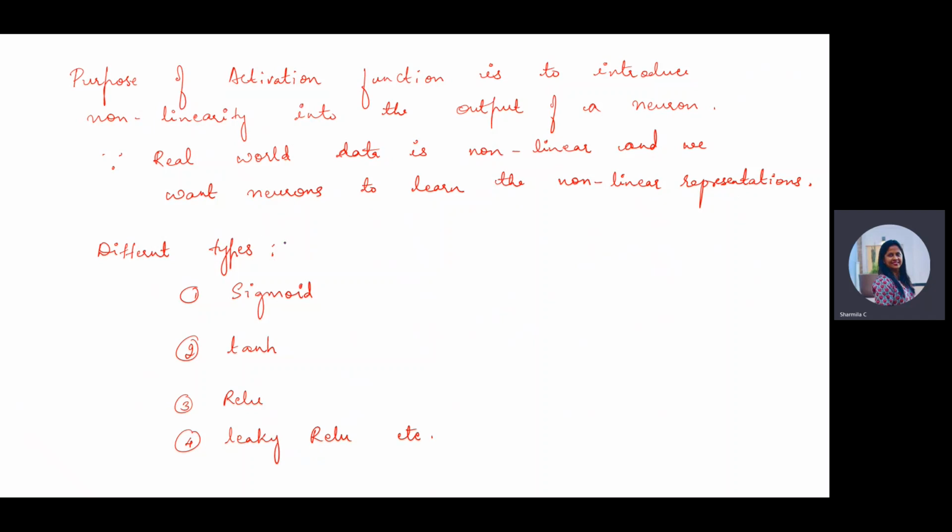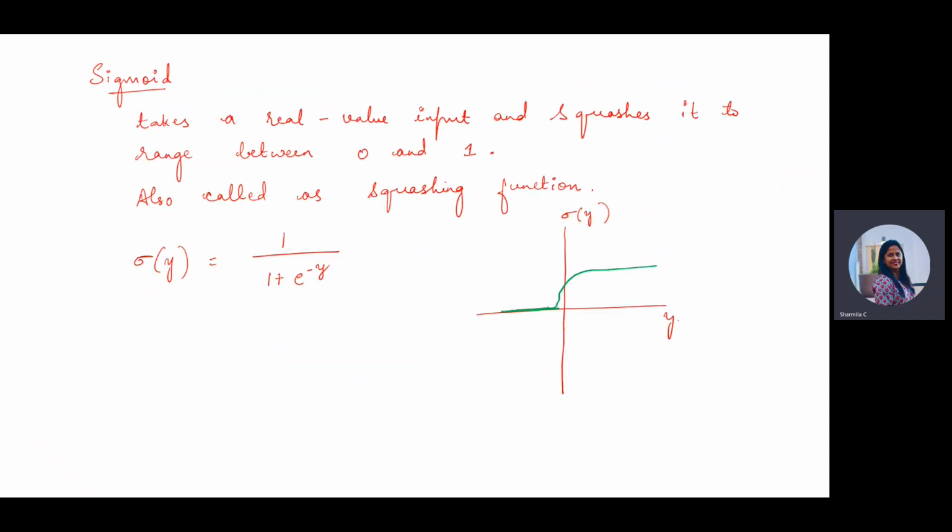Different types of activation functions or differentiable threshold units that can be used are sigmoid, tanh, ReLU, leaky ReLU, etc. Coming to the first type, the sigmoid activation function takes a real value input and squashes it to the range between 0 and 1.